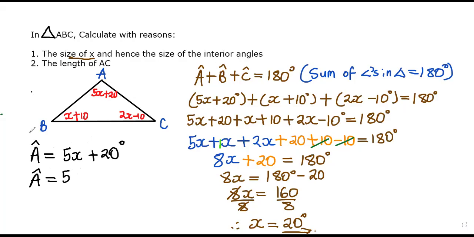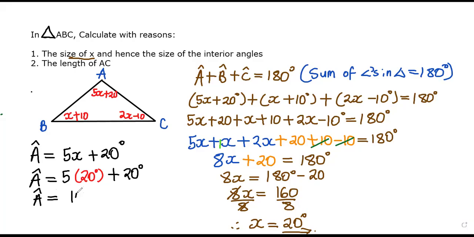So it's going to be 5. And then since my x, I got what? 20 degrees, just going to substitute it as 20 degrees, right? And then after that, you're going to say plus 20 degrees. Then you're going to say angle A equals what? 5 times 20. Let's multiply. 5 times 20, you're getting 100.